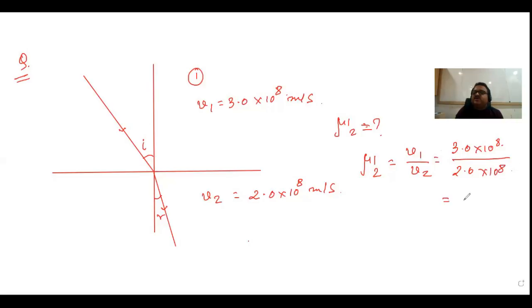So 3 by 2 is simply 1.5. This is the answer. Is this clear? This is the technique of finding relative refractive index. Now comes the main portion. Because these are the concepts which you require very much before proceeding to the laws of refraction. Correct?